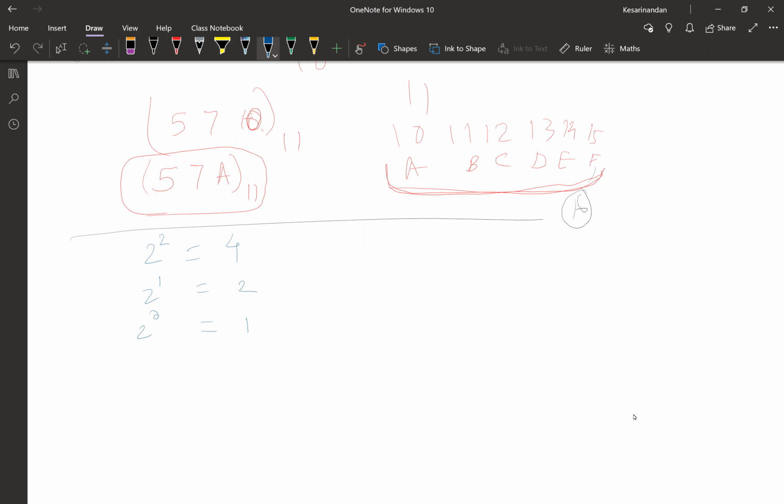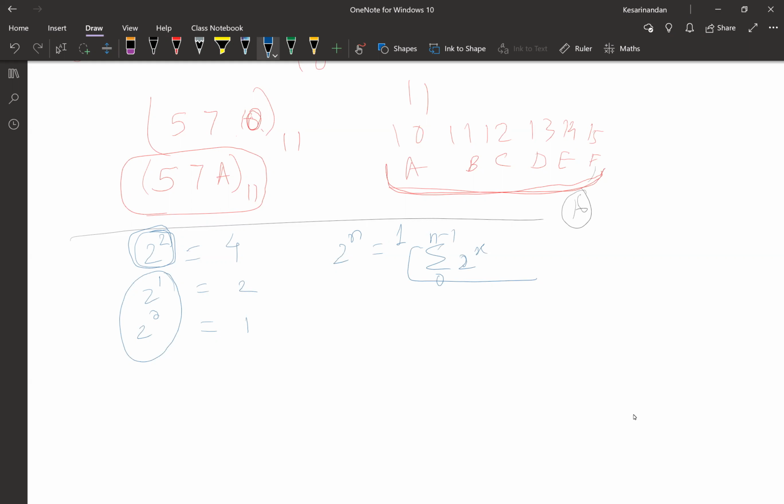You will note that 2 raised to n is always 1 greater than the sum of all the powers of 2 from 0 to n minus 1.